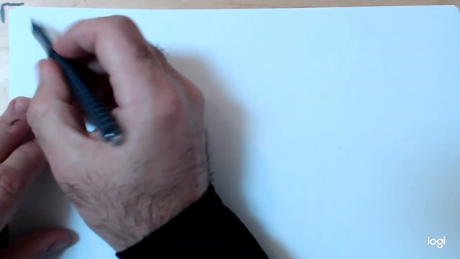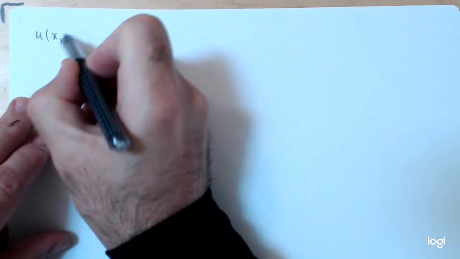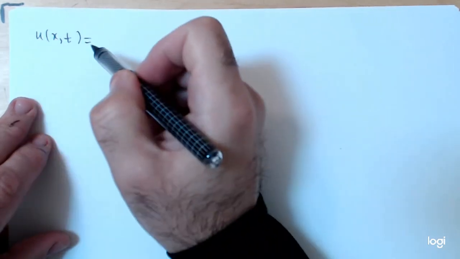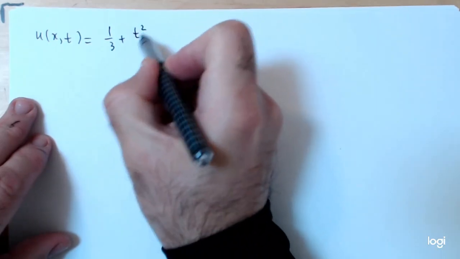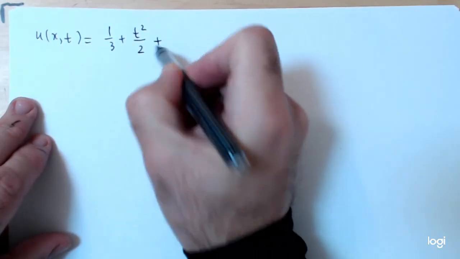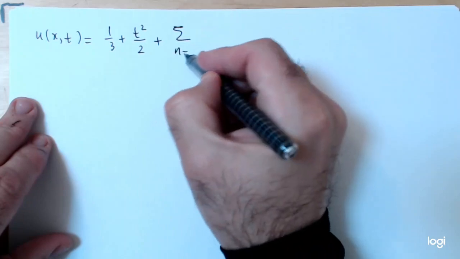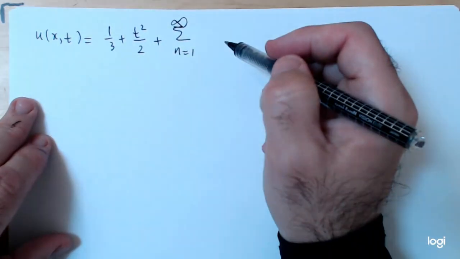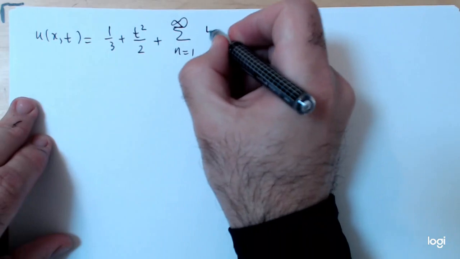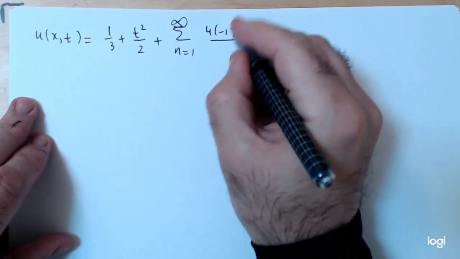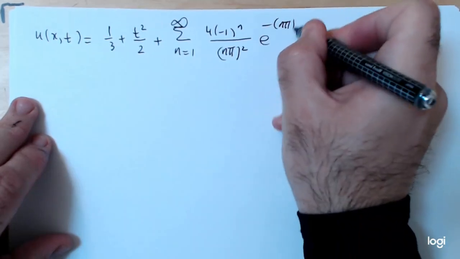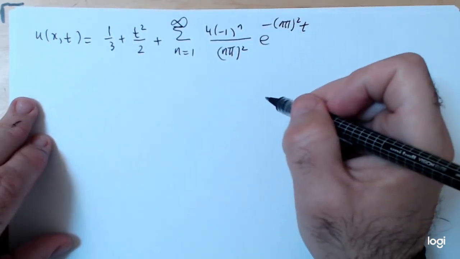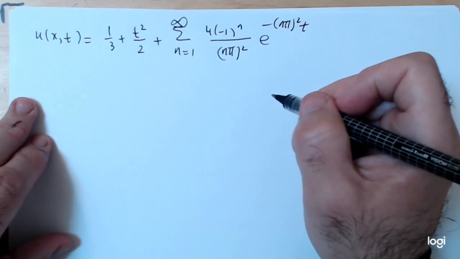So the full solution u(x,t) is a_0(t), which we determined before is 1/3 plus t squared over 2, plus summation from 1 to infinity of a_n(t), which is 4 times (minus 1)^n over n pi squared, e to the minus n pi squared t, and cosine of n pi x.